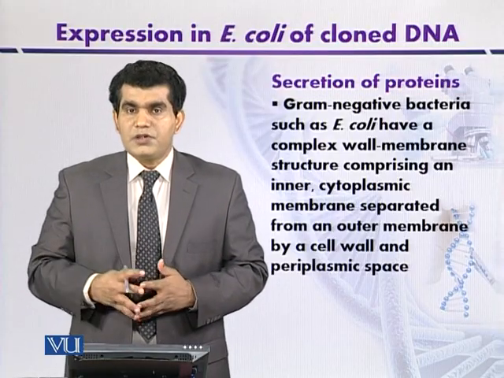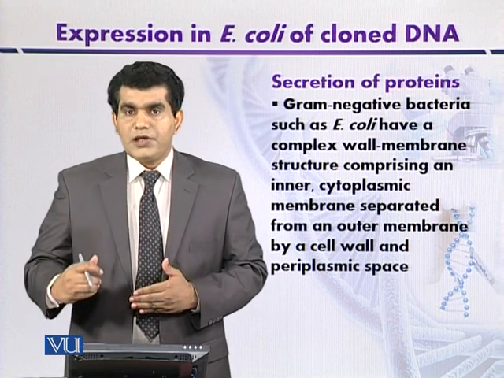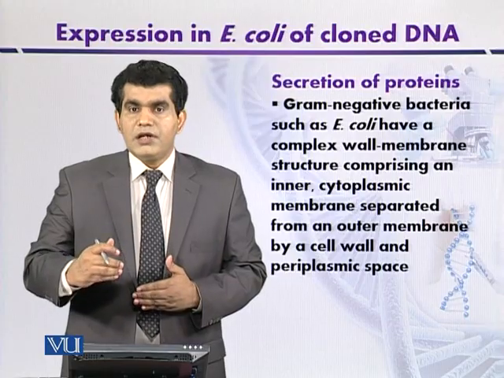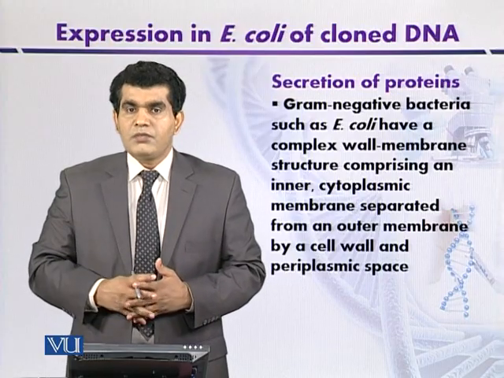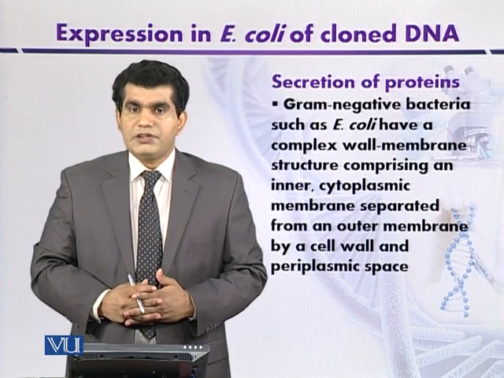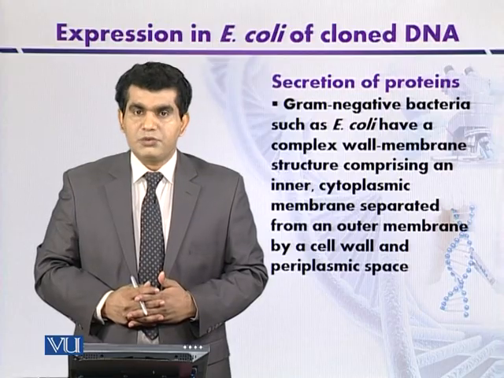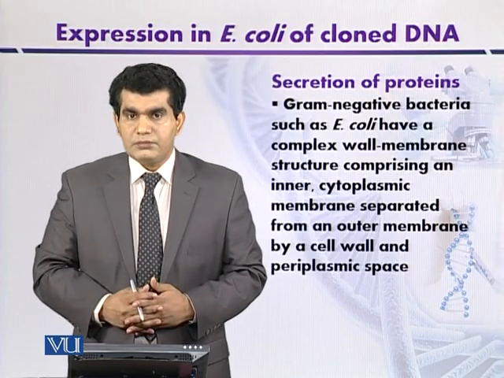Now the expressed proteins can be transported from the cytoplasm to the periplasm and then from the periplasmic space to outside the cell. And here different proteins can again assist in the process of transportation, which we are going to discuss later on.